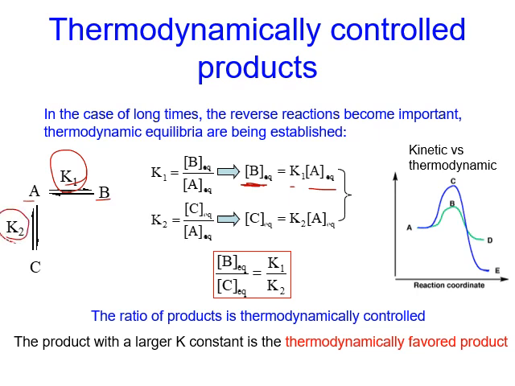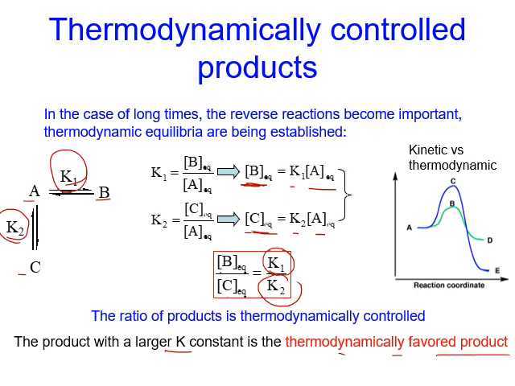Similarly, we write K2 equals product divided by reactant, so the product C at equilibrium can be calculated by K2 times A. Therefore, the ratio of B over C, the two-product ratio, is just the equilibrium constant ratio, K1 divided by K2. That indicates that if the reverse reaction is important, the reaction is under thermodynamic control, and the product is determined by the equilibrium constant. The product with the larger equilibrium constant is the thermodynamically favored product.